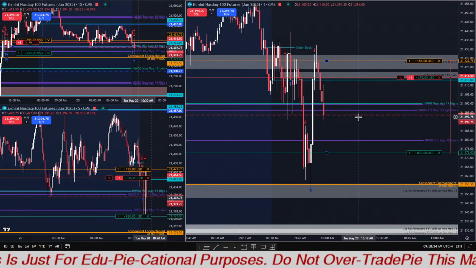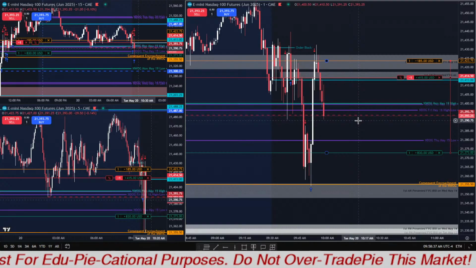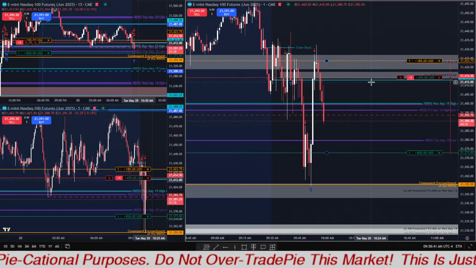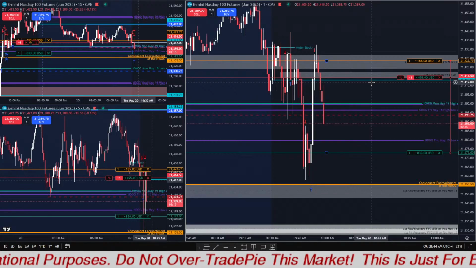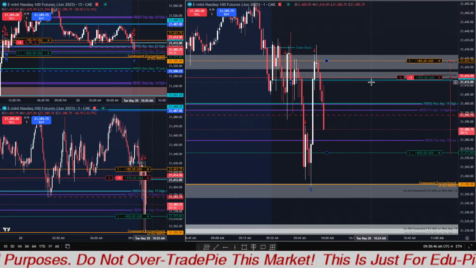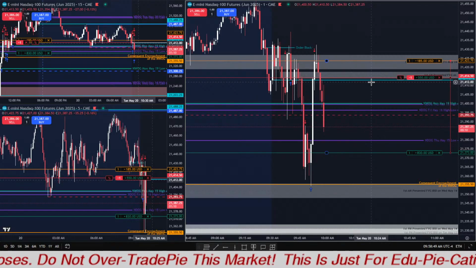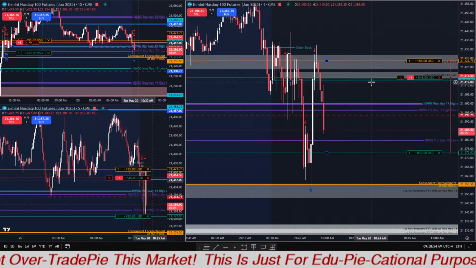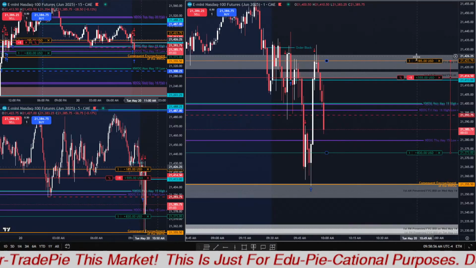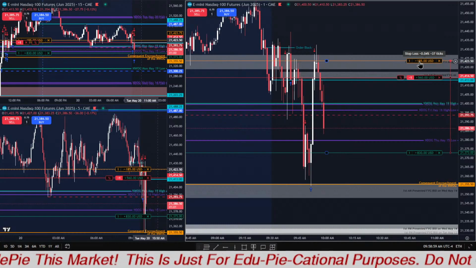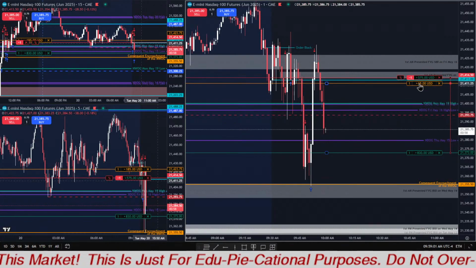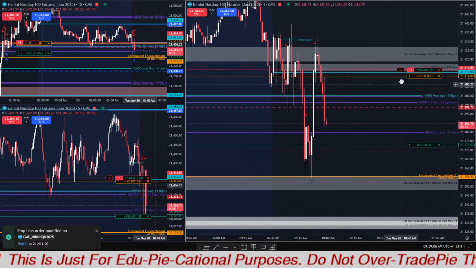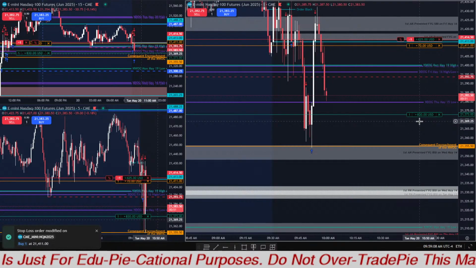If we have a close below this red dash line over here, I will bring the stop loss below the opening price at 930. Okay, now we are getting close to our take profit.